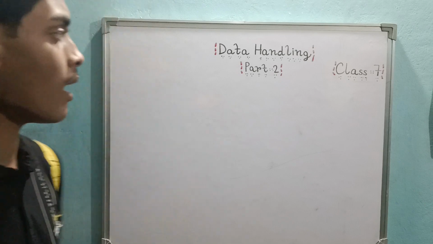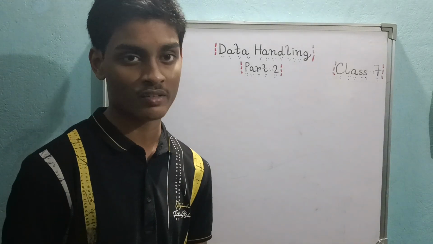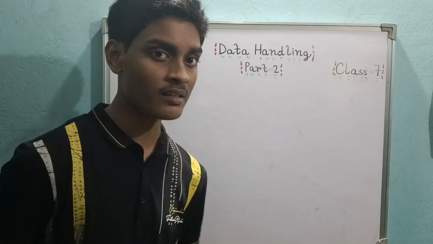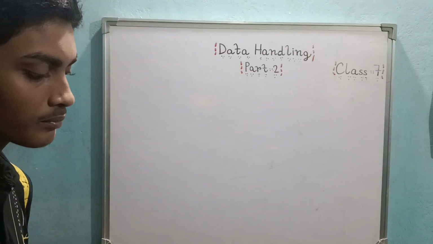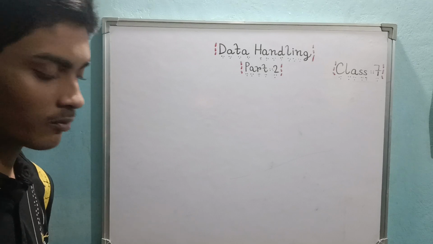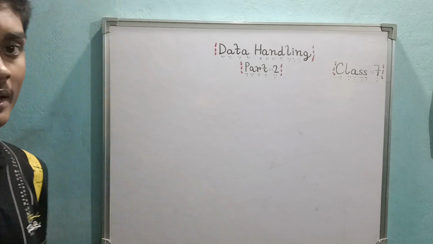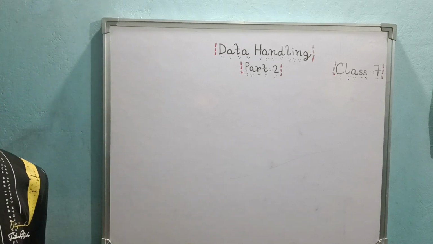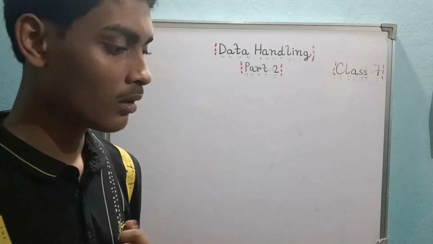I told you that maybe that was the most important part of data handling, but we have some more related concepts in this chapter. As the chapter is data handling, there are some other ways we can handle data. The main part of today's video, and the only part to be precise, is the mean.